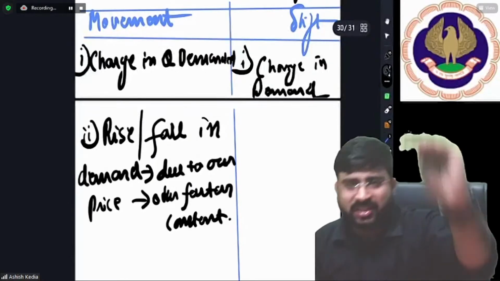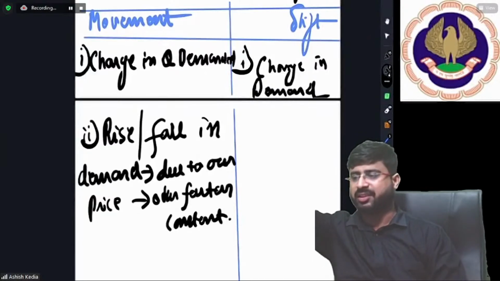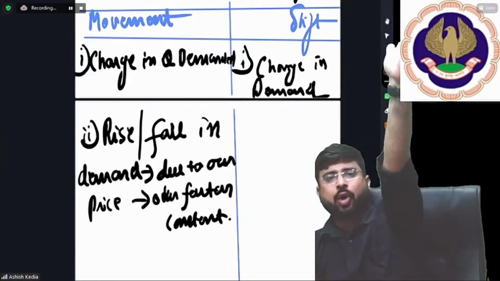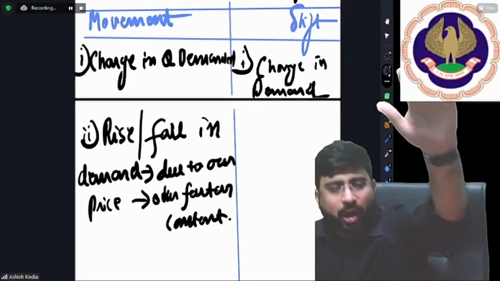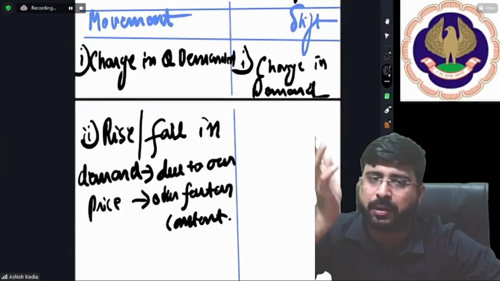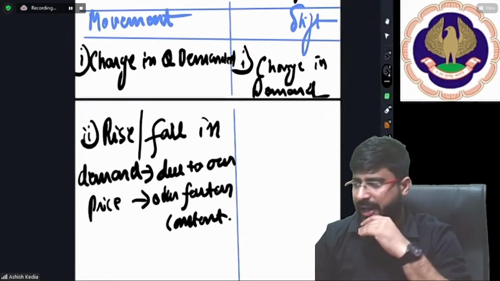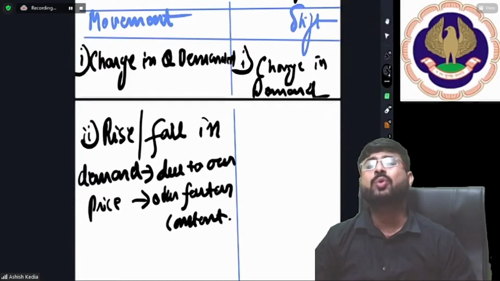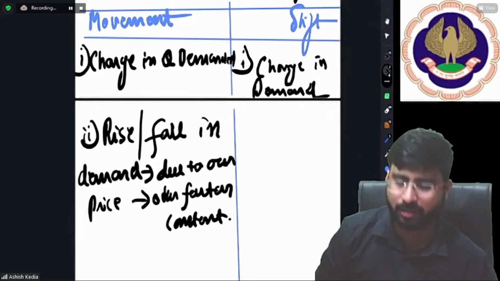Let's say price has fallen, so demand has risen. This is called movement. Or when price has gone up, demand has fallen. When this kind of experience is there, this is called movement.